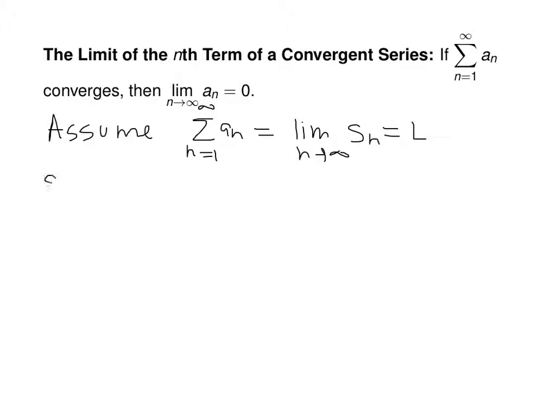And then notice that the nth partial sum is given by the n minus first partial sum plus the nth term.